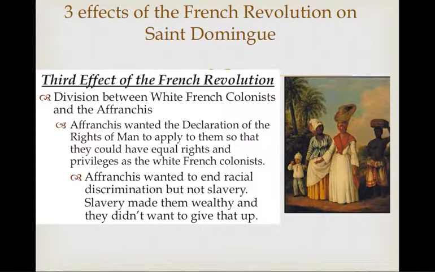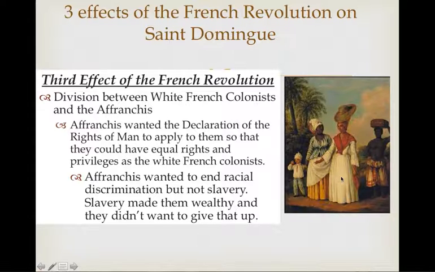And then the third effect of the revolution was a division between the white French colonists and the affranchis. So to remember, the affranchis were people of color. A lot of them were mulatto or black that used to be slaves, and now they're free.